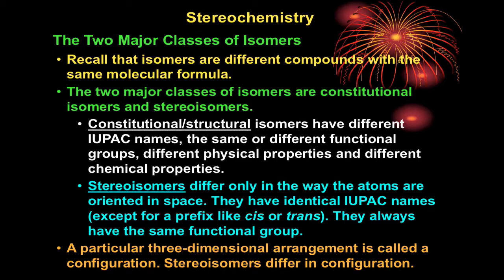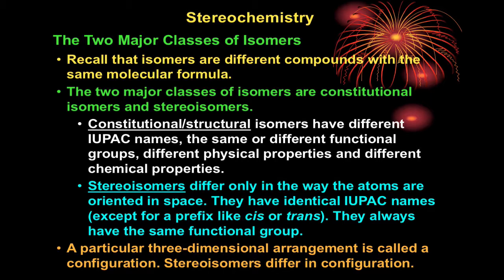That first lecture that I gave you at the beginning of the semester, I told you everything is about structure, right? Structure matters here. And so there are going to be two classes of isomers that we need to focus on today. One is constitutional isomer, and the other is stereoisomer. Some things that you need to know about constitutional isomers: they have a different constitution.